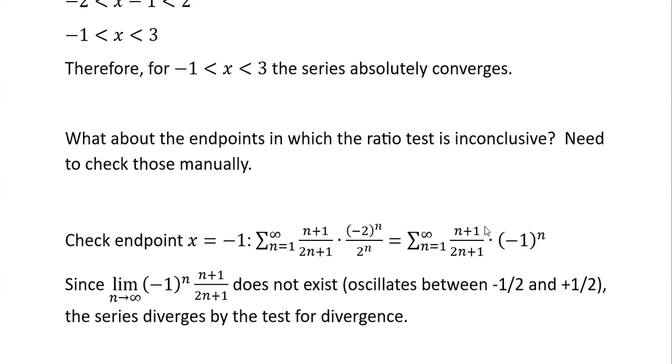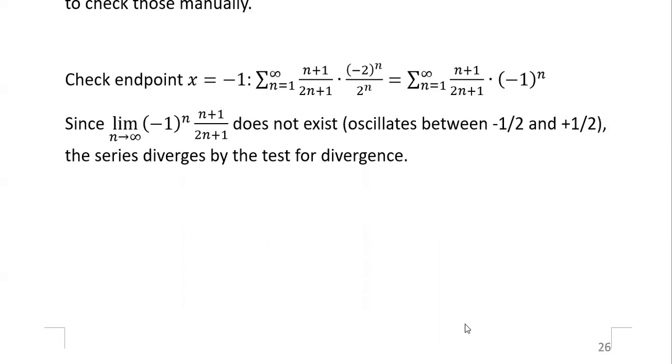So if you had said that, because the limit as n goes to infinity of this is not 0, by the alternating series test this series diverges, you probably get it wrong. I would mark it wrong if I were the grader. So we've got to use the appropriate test, which is the test for divergence. Precisely because the limit does not exist and it's not equal to 0, this actually oscillates between -1/2 and +1/2, the series diverges by the test for divergence.